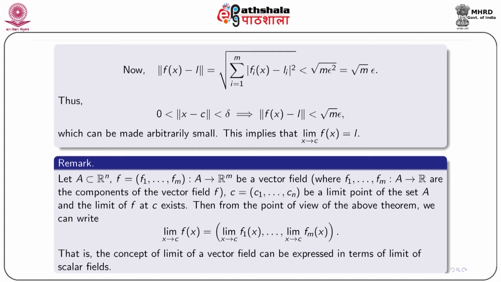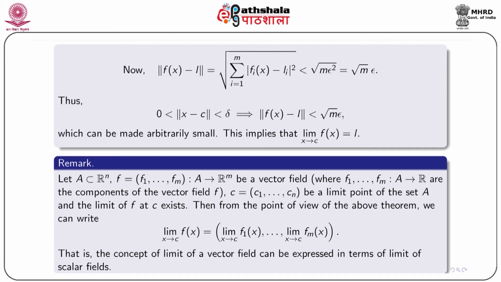So, this shows whenever norm of x minus c is less than delta but positive, norm of f(x) minus L is less than root m epsilon. Now, root m epsilon can be made arbitrarily small. So, this implies that the limit of f(x) as x tends to c equals L.